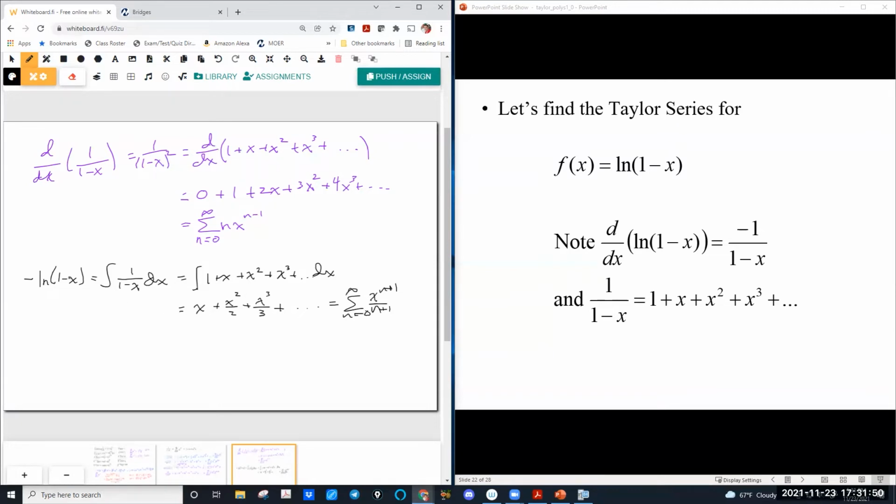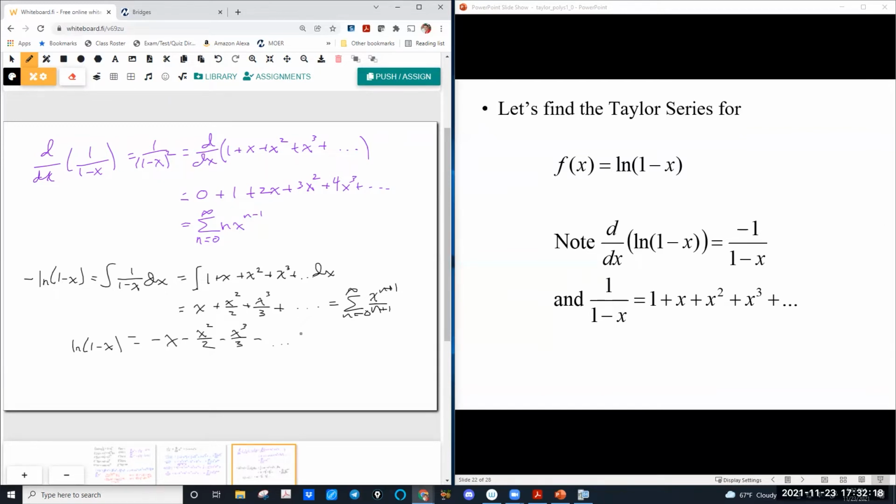Here's what's going to be a little bit different. This is the Taylor expansion for negative ln of 1 minus x, this negative sign here. So if we want the Taylor expansion for ln of 1 minus x, we have to multiply all the terms by a negative. So minus x squared over 2 minus x cubed over 3 minus dot, dot, dot.